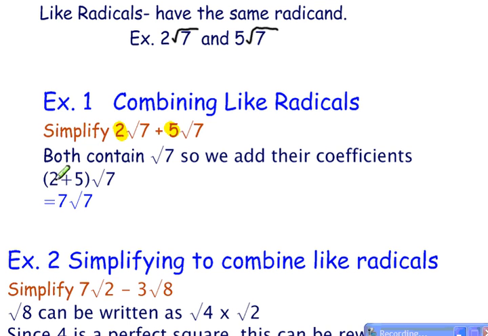And you can see here, we combine the 2 plus 5. The radical remains the same, so our answer is 7 radical 7.